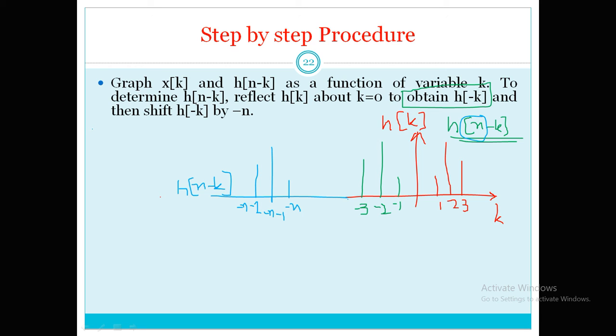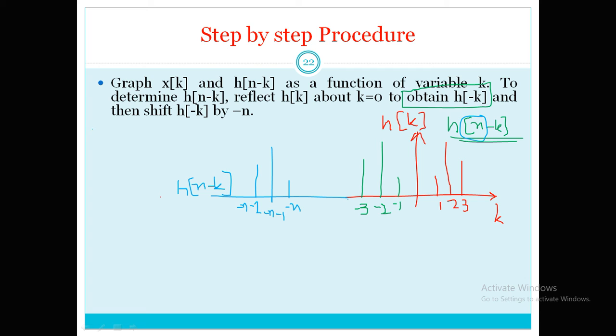So what we have, first point, is x of n and h of n, two things. Now we need to change x of n into x of k. It's very simple, simply substitute k in place of n, that's all. Coming to h of n, we want h of n minus k.